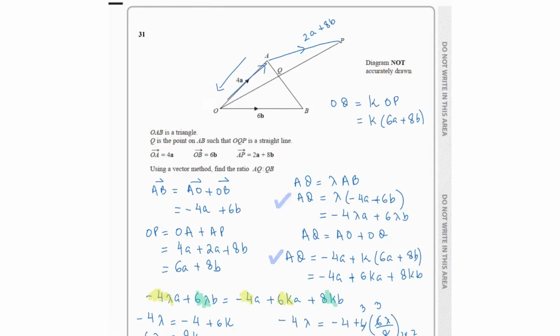Once you've created two equations for that vector like I did, then put them equal to each other, solve it for the unknown values, and with that you'll be able to solve the question and find the variable or the ratio. Literally the steps are exactly the same. Nothing is going to change. Whenever it says vector method, the steps are going to be similar to this.